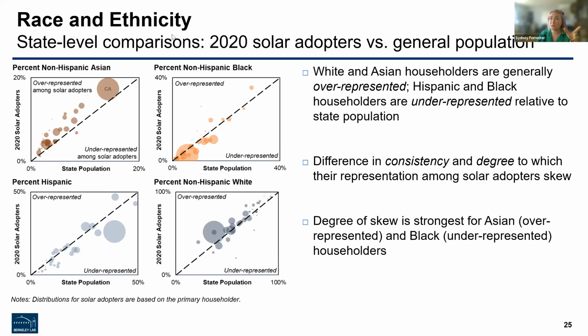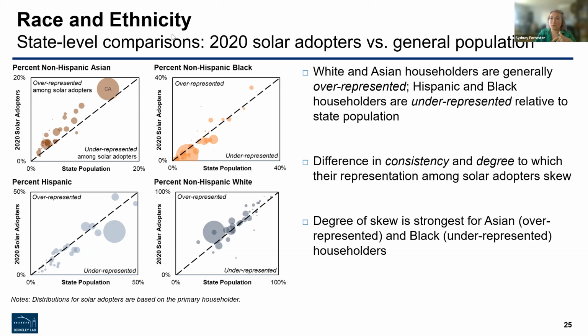There's a difference, obviously, with how far away from that dotted line and what side of the dotted line these circles fall on, but the two most consistent skews is strongest in the overrepresentation direction for Asian householders, and the underrepresented skew for Black householders.